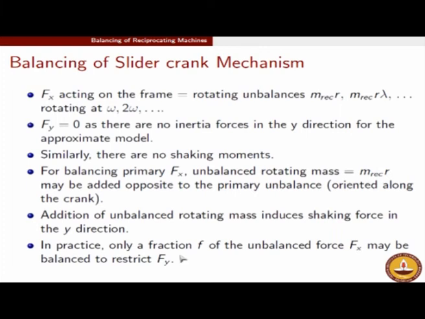Rather we will take, let us say, a 50% reduction in x directional forces. As a result 50% y directional forces will also be generated, but that is sort of a trade off. This method is not going to give you a complete balance by putting counter masses.